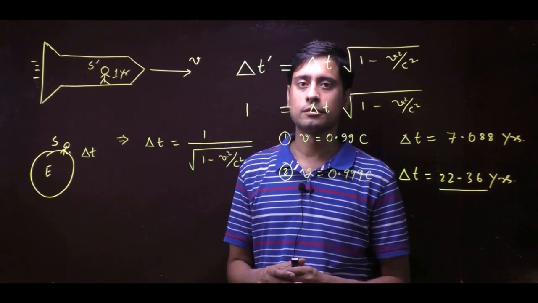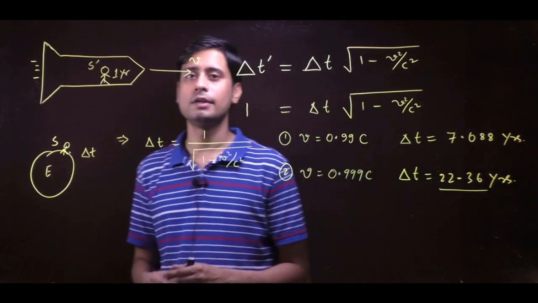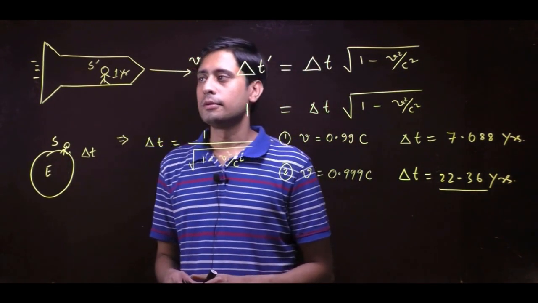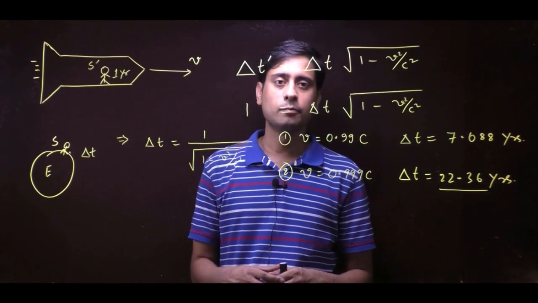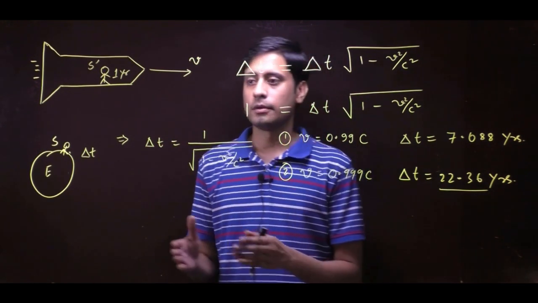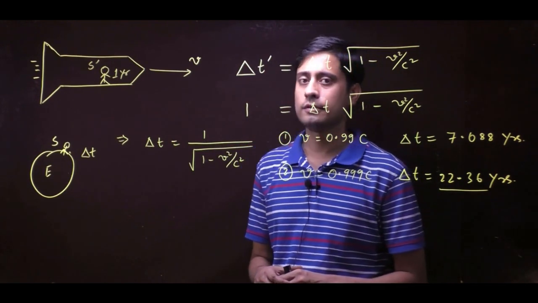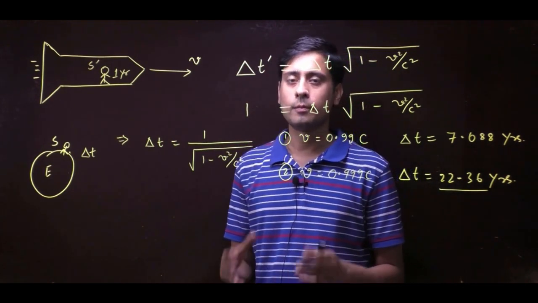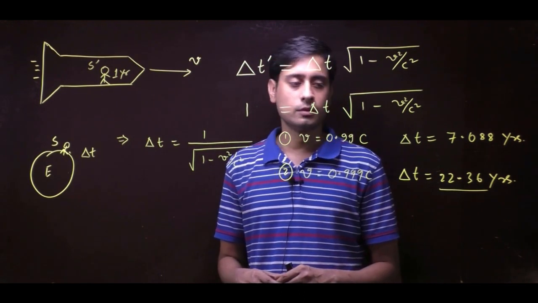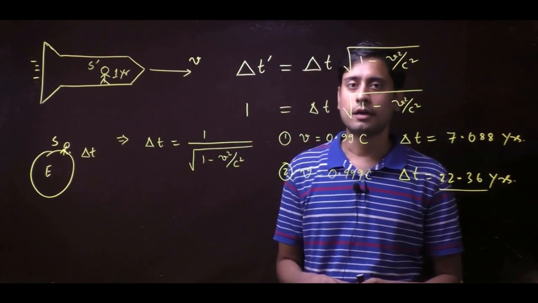When people try to learn relativity in the start, they think there must be some problem, like the inertia of the clock has increased, or there is some mechanical problem with the clock. That's why the clock is measuring a different time.